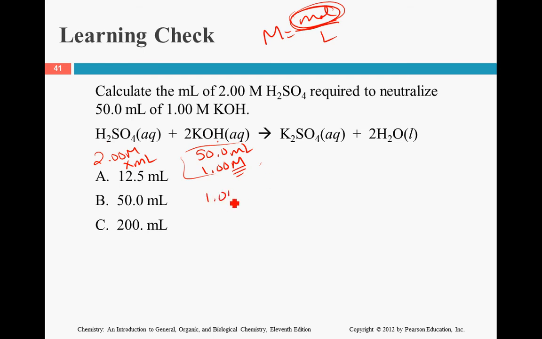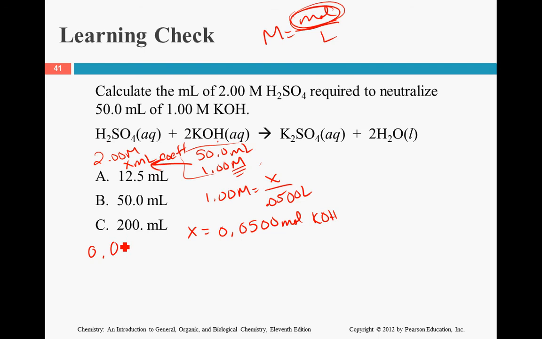We can figure out how many moles we have by plugging in this information. So 1.00 molar is equal to X over 0.0500 liters. So X is then equal to 0.0500 moles of KOH. Now that we have it in the moles of KOH, we can get it to moles of H2SO4 by using the coefficients.